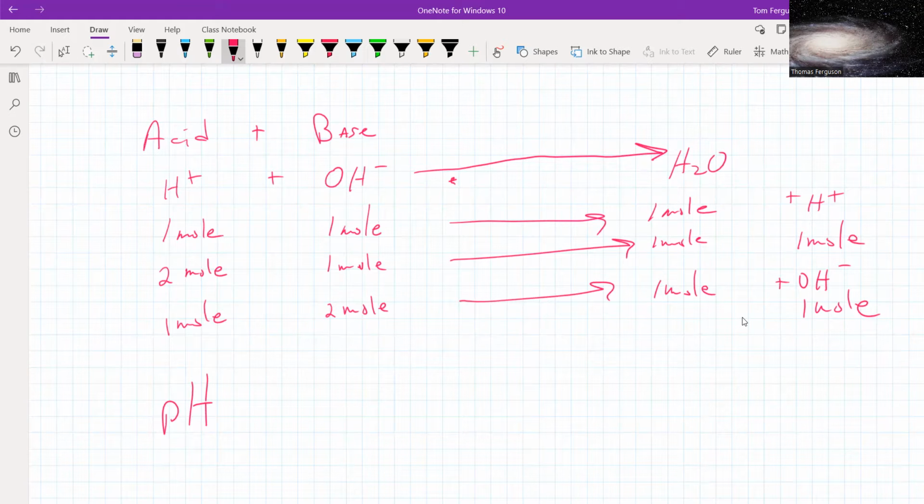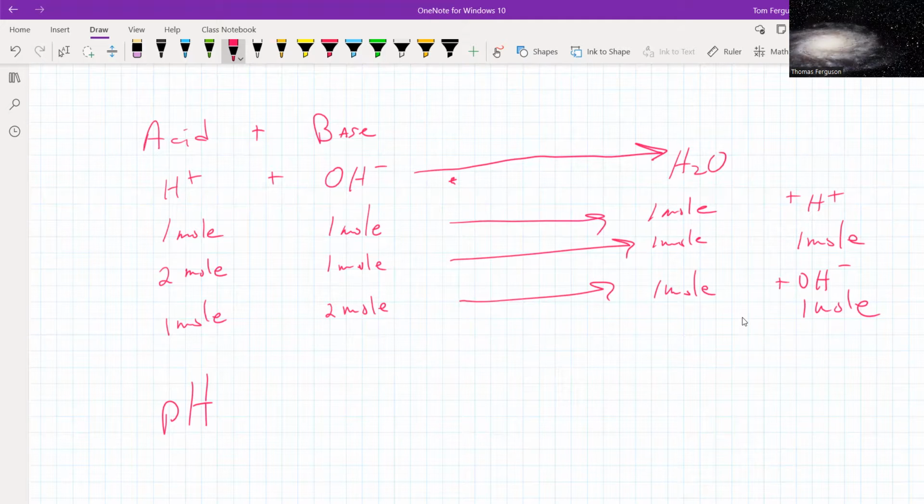But the thing is, it's a negative logarithm, another fancy word for an exponent. So because it's a negative exponent, when the pH is low, that means it's strong acid. When the pH is high, that means it's a strong base or extremely weak acid.